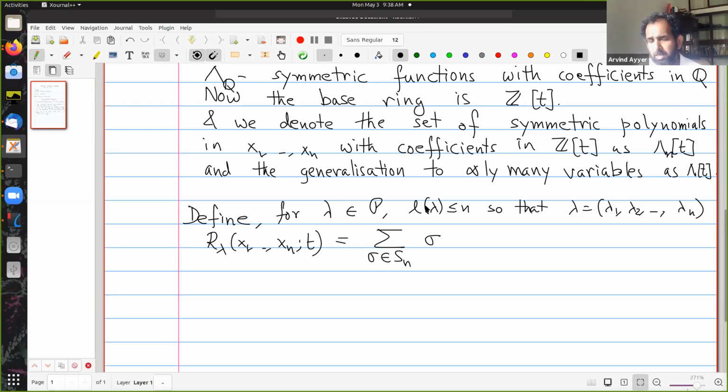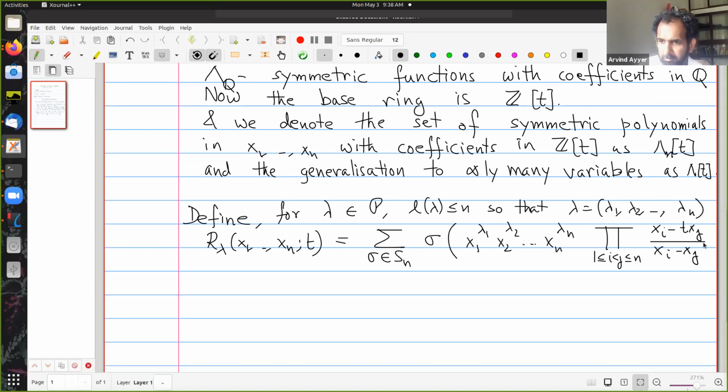If lambda has length smaller than n, you pad it with zeros. Okay, that's clear. So sigma acts on the following: x1 to the lambda_1, x2 to the lambda_2, and so on, xn to the lambda_n, times this product over 1 less than or equal to i less than j less than or equal to n of (xi minus t xj) divided by (xi minus xj).